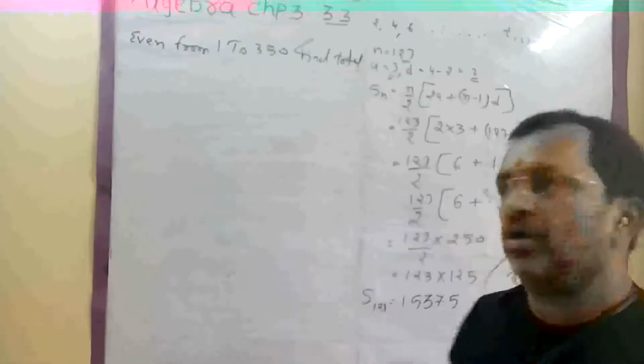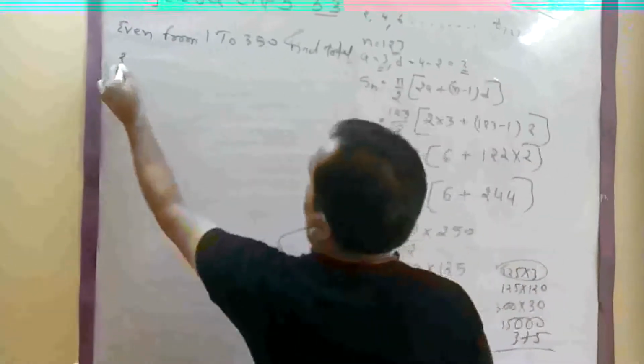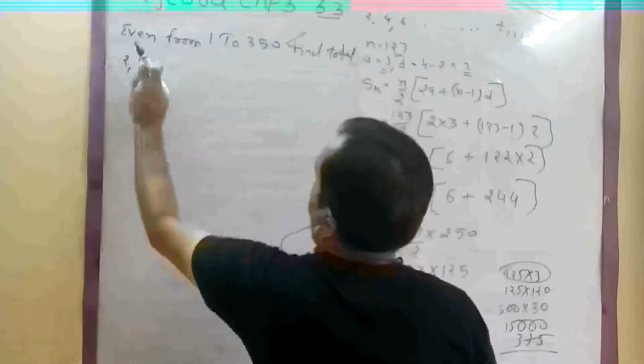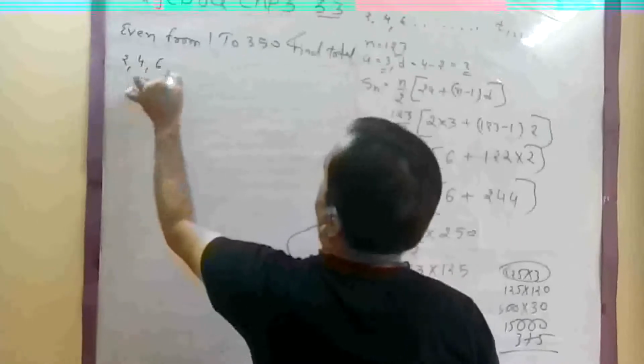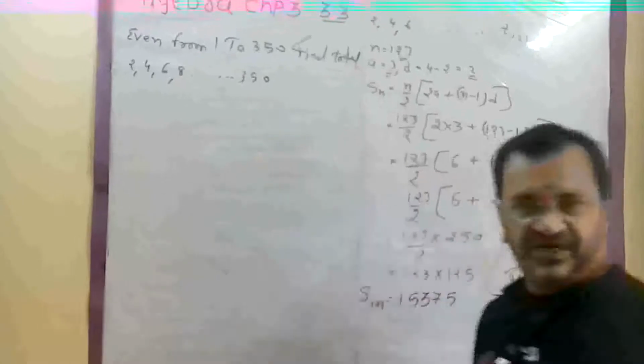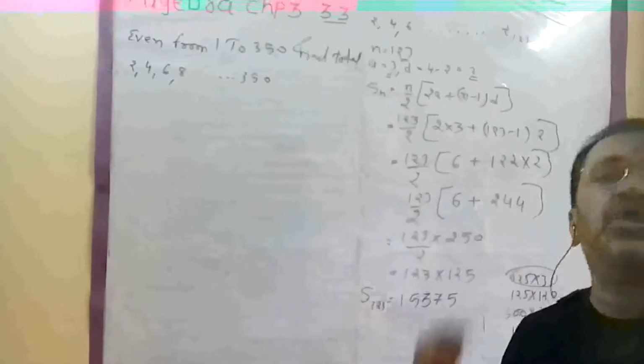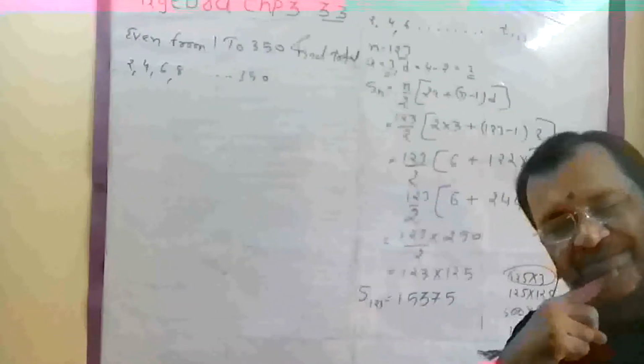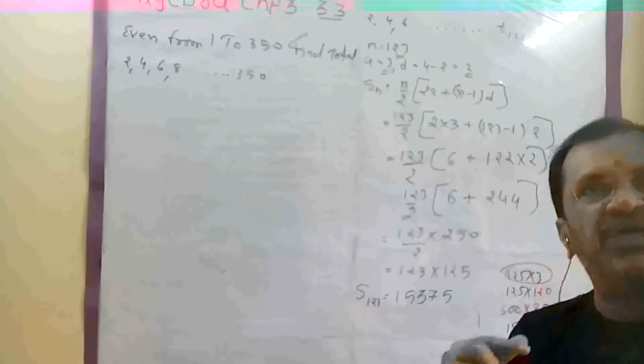Only even, not odd. Even means 2, 4, 6, 8, dash, up to 350 only, and 350 is even, so that we can take. If it were odd, we could not take 350; we could take 349.